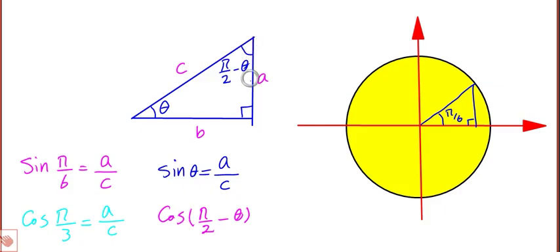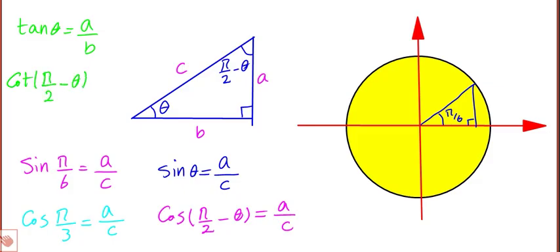Cosine is the adjacent side divided by the hypotenuse, which is A over C. Or tangent theta is equal to the opposite side divided by the adjacent side, which is A over B. And cotangent of pi over 2 minus theta is equal to the adjacent side divided by the opposite side, which is A over B. So these are equal to each other.